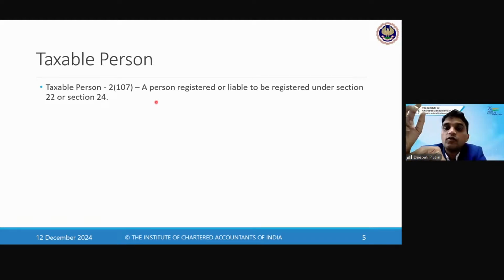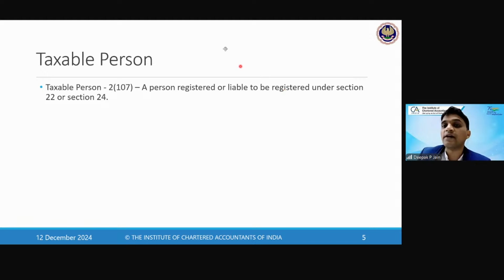But if you are not registered and you are liable to be registered, when will you be liable to be registered? When your limit crosses, correct. So when your threshold limit crosses, then you are liable to be registered.